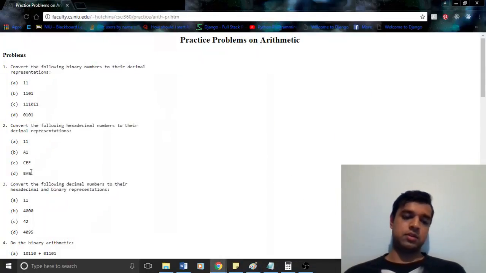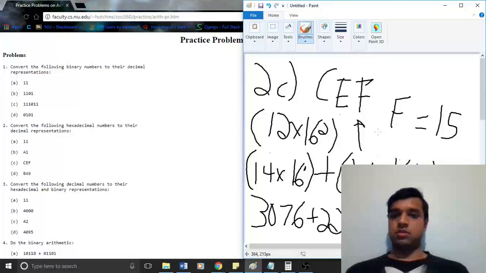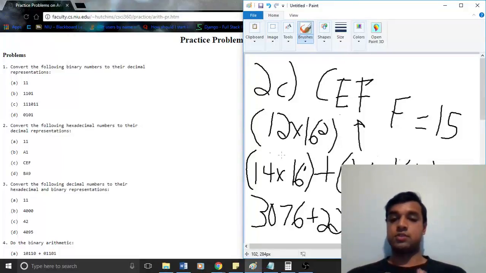Now, if you look at the second question, which is 2D, it's BA9. I think you could get the gist of this, which is get the first number, figure out what the decimal representation is. Decimal representation should go here, and times by the placement. So this is the first one.